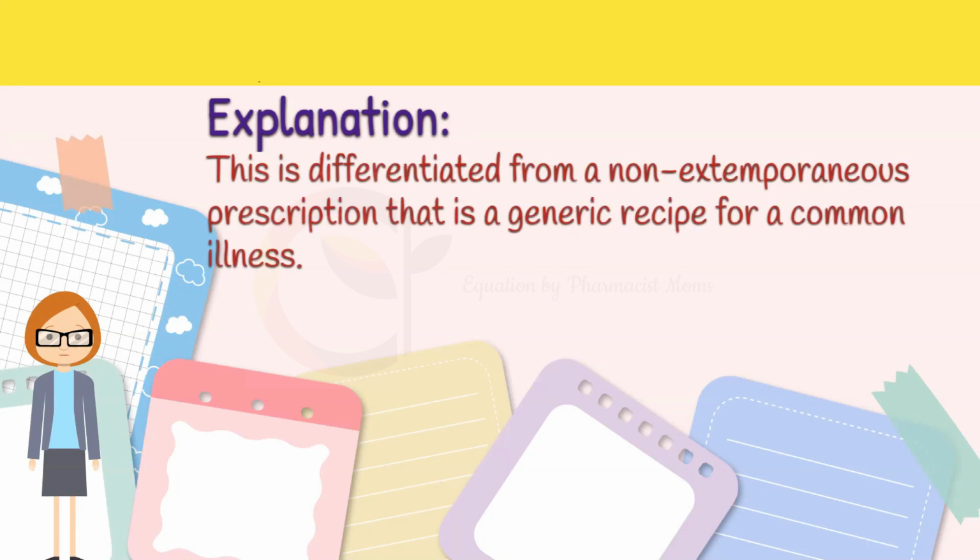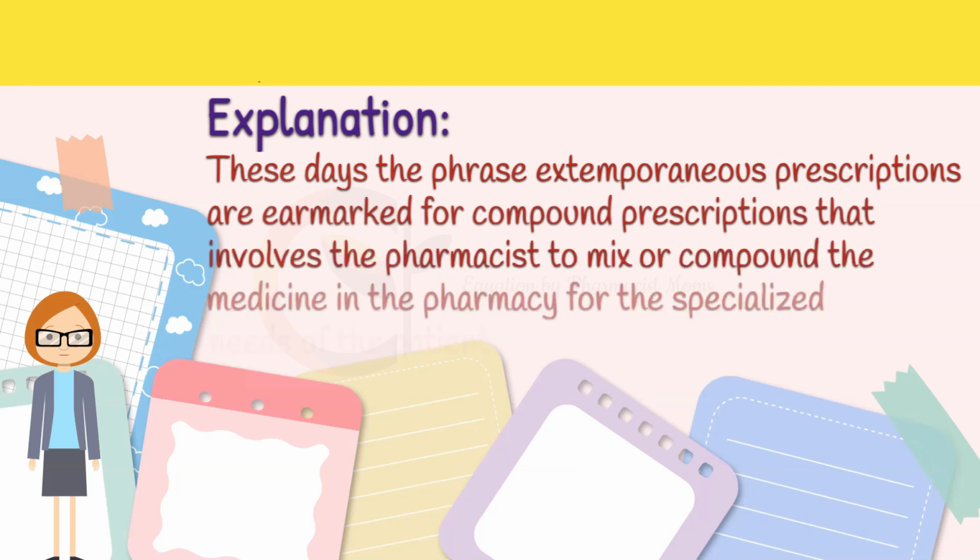This is differentiated from a non-extemporaneous prescription that is a generic recipe for a common illness. These days, the phrase extemporaneous prescriptions is earmarked for compound prescriptions that involve the pharmacist to mix or compound the medicine in the pharmacy for the specialized needs of the patient.